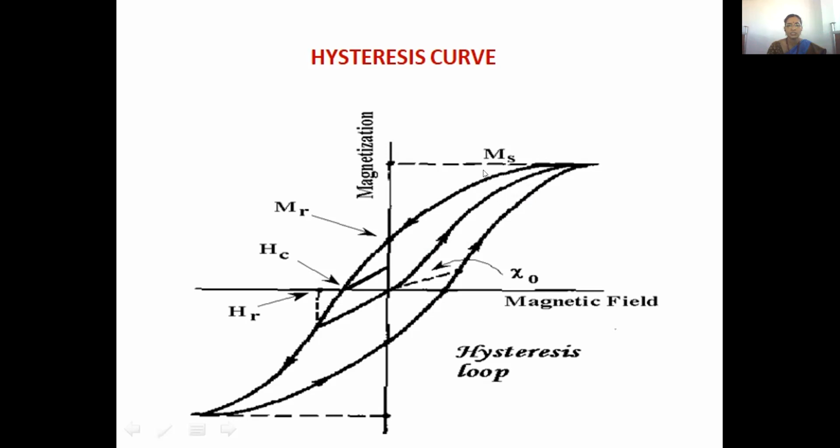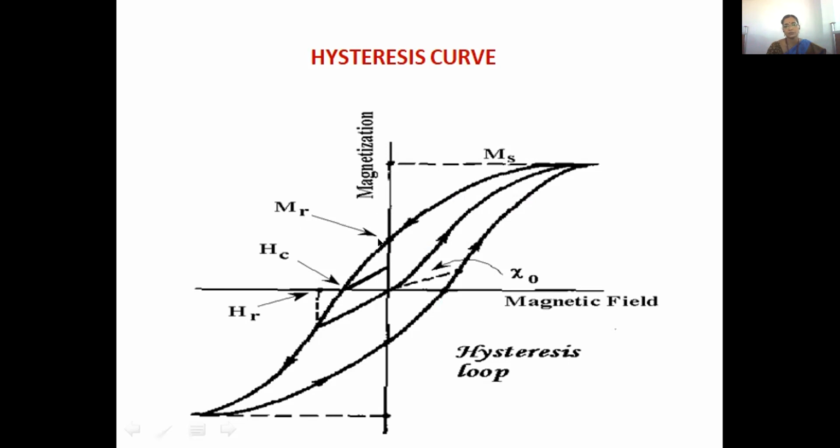It follows this curve, and when we completely remove the external magnetic field, the magnetization in the ferromagnetic material will be some MR, the remnant magnetization. That means at zero magnetic field, some magnetization is still remaining, persisting there.